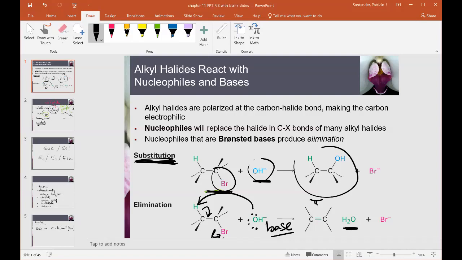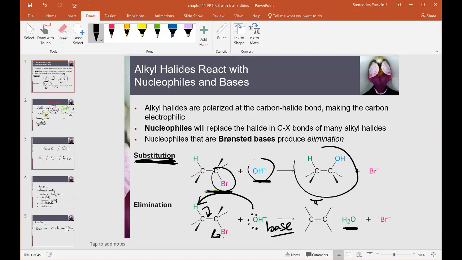So now in chapter 11, I say, welcome to the real world. In the real world, things are not all black or white, but there is a lot of gray. And here we will have quite a challenging situation where we will have to discriminate based on many different factors how the reaction will proceed.